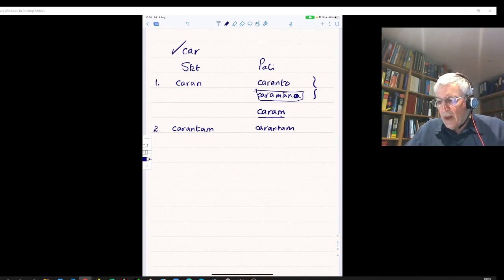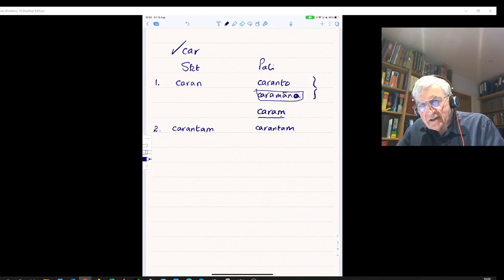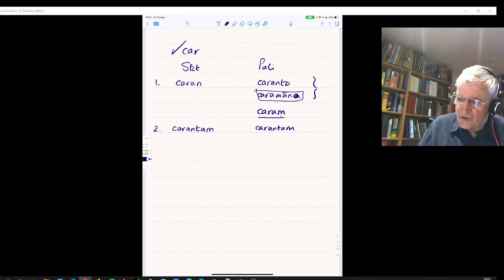So charantam. By coincidence, the accusative form looks as if it could have been formed from a nominative charanto, charanta. It's not. It is still the consonantal stem, charan, charant, charantam, Pali charantam. Now look at the instrumental.